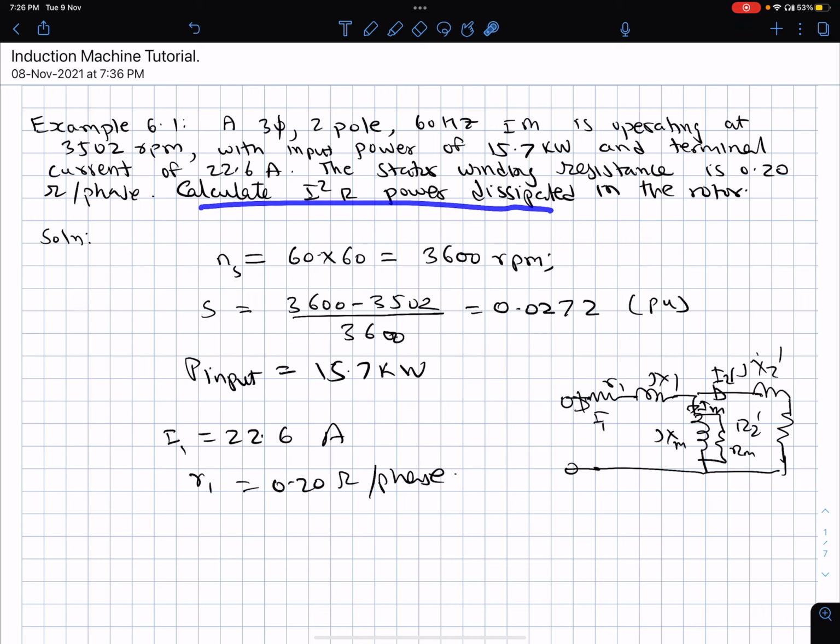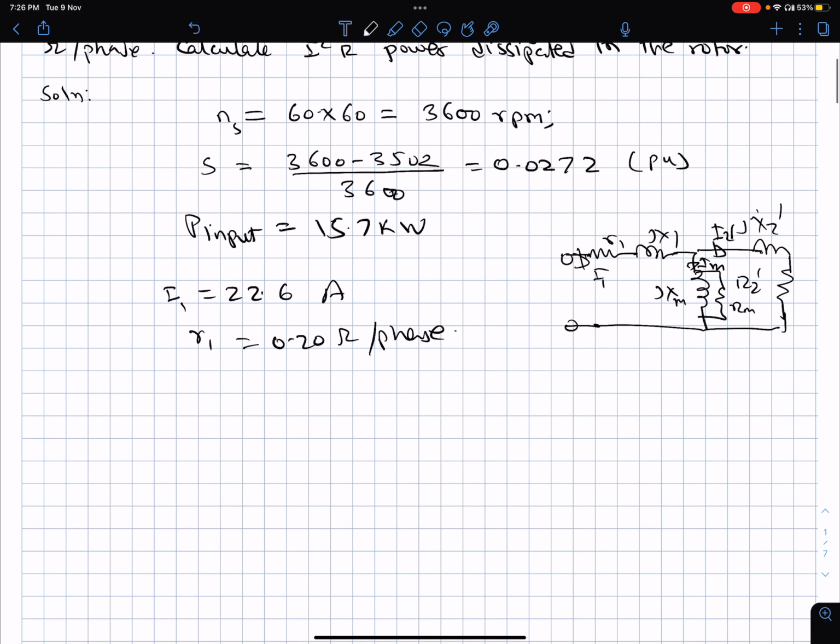Now what is required? Calculate the I squared R power dissipated in the rotor. So we have to calculate the I squared R losses in the rotor. We know that the power which goes to the rotor dissipates into mechanical work done and I2 dash squared R2 dash, which is the heat losses.